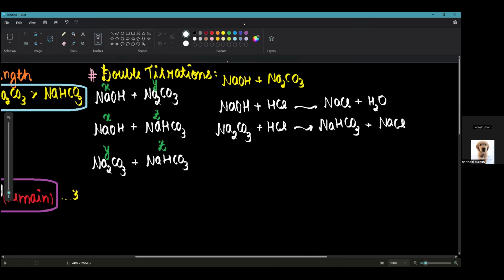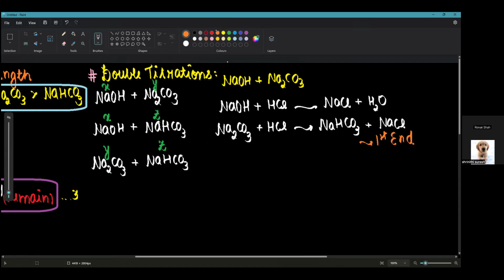Okay, so after this, you are going to get the first endpoint. You are going to add an indicator, the indicator that you are going to use is phenolphthalein. So this is going to give you the first endpoint.